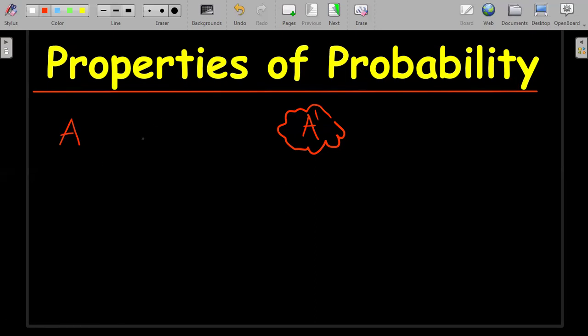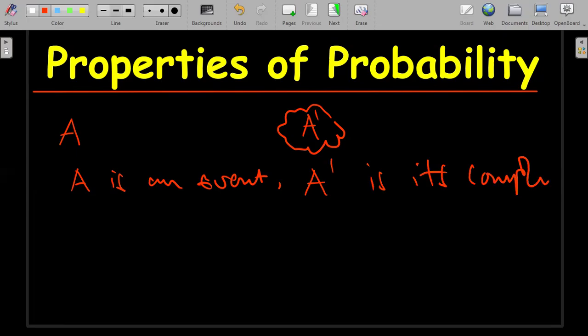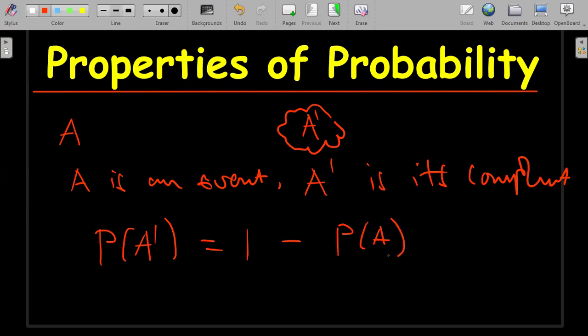So if A is an event and A complement is its complement, then the probability of A complement will simply be equal to 1 minus the probability of the event A. In other words, the probability of A plus the probability of A complement should always give you 1.